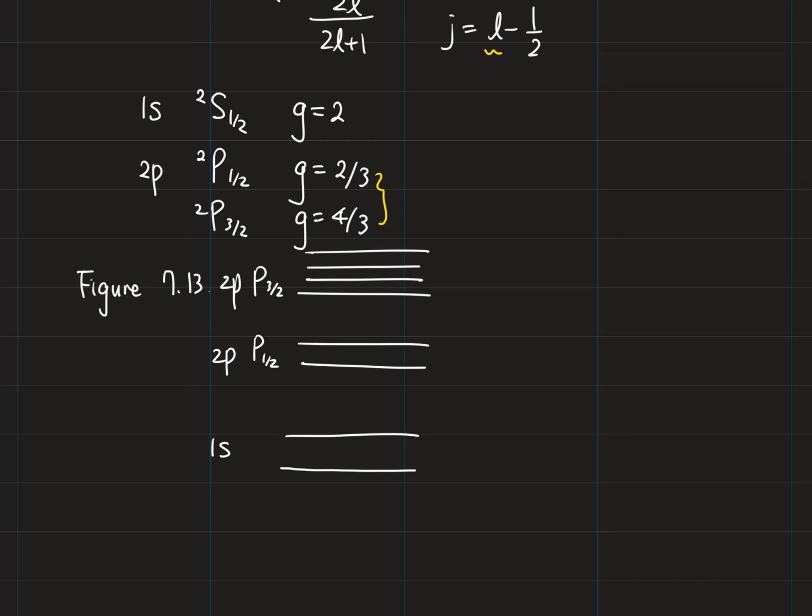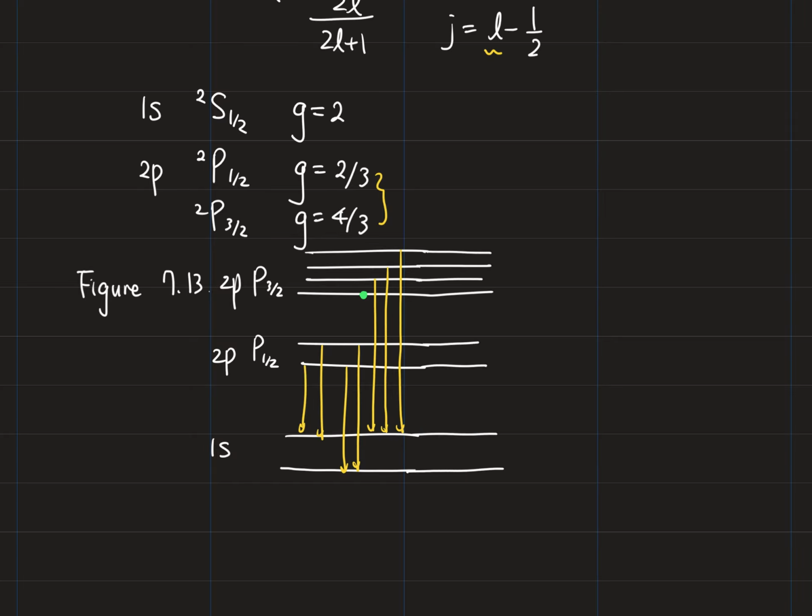So according to the selection rule, we can have the transition like this one, this one, and from the higher p states, you can have this one, but not from here, and like this.